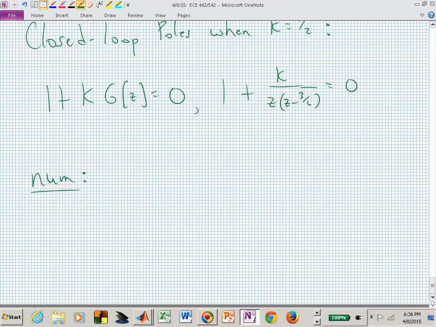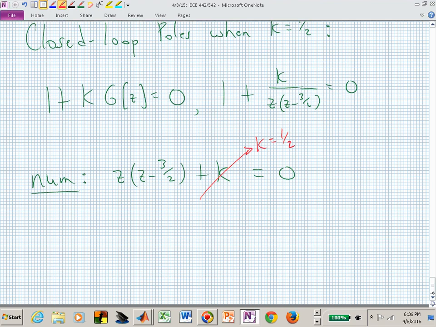So if I put that over a denominator, the numerator is going to be z minus 3/2 plus k. And I want to know what happens to those two roots when k is 1/2. Or I now have z squared minus 3/2 z plus 1/2 equaling 0.